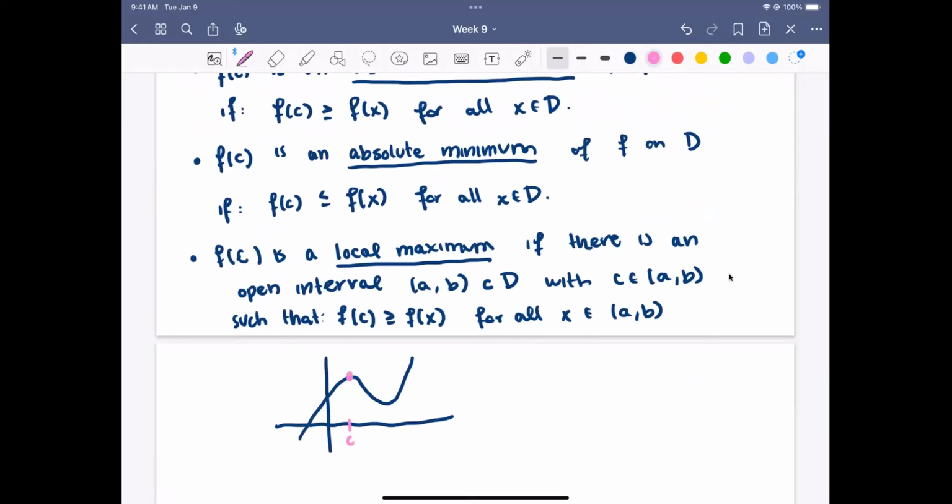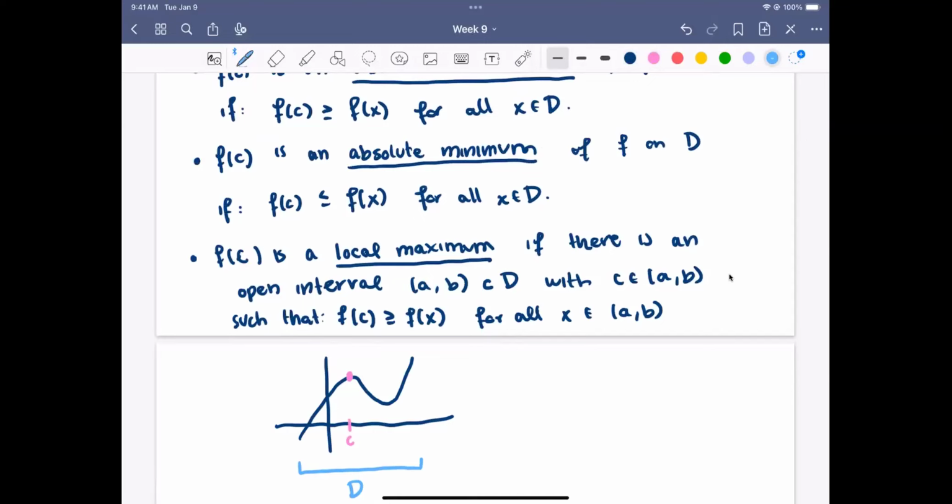So I need to decide if there is an open interval AB contained in the domain D, which in this case, let's say this whole thing is D. So I need to find an interval contained in there such that the interval contains C and f of C is the biggest value that f attains on that interval.